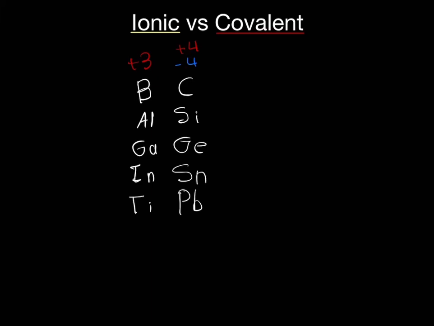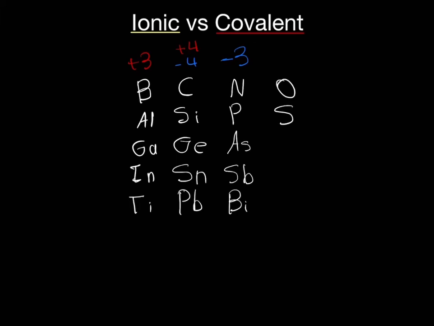That's really the dividing line between metals and nonmetals. The next row is going to be that of nitrogen, phosphorus, arsenic, and bismuth, and these are going to have -3 charges.